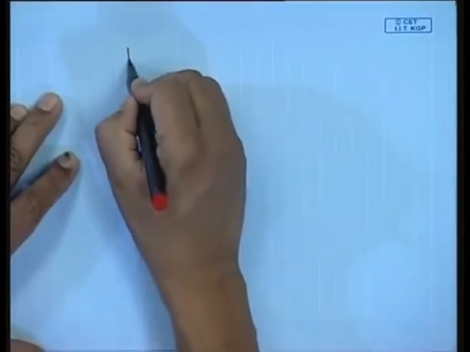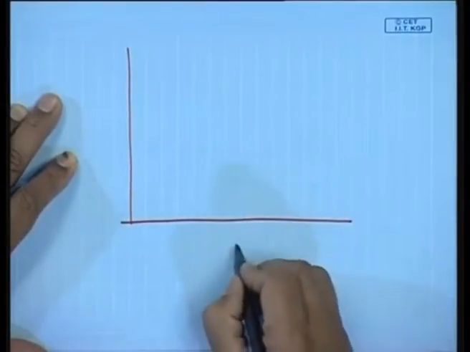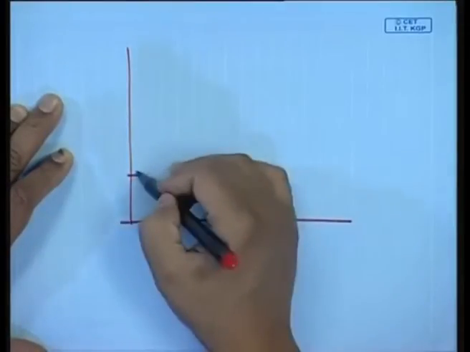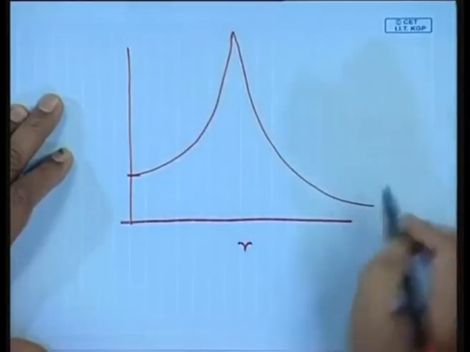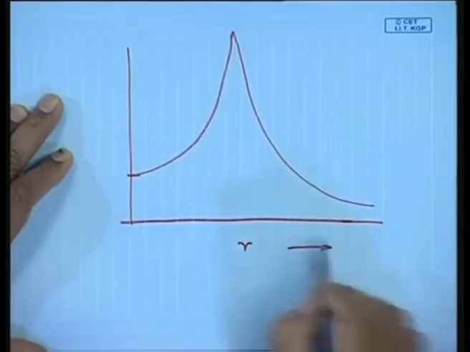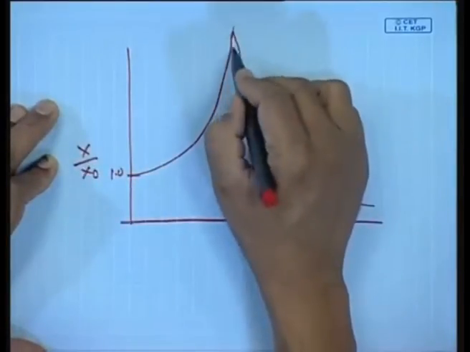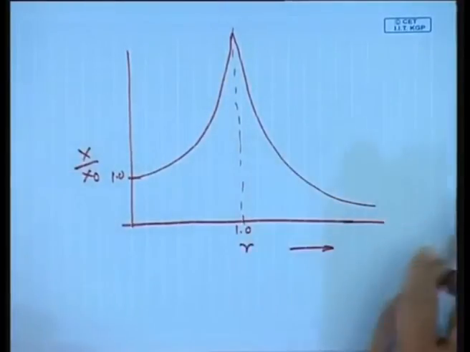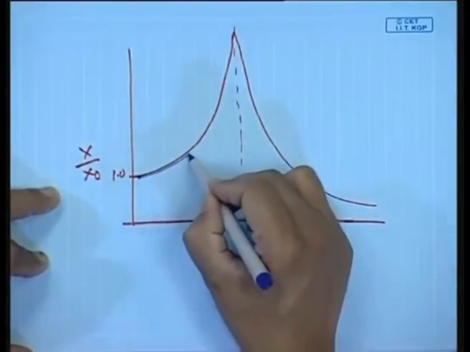A typical plot of the vibrating response of a single degree of freedom system, I denote this as R. And then, with increasing damping, what happens?